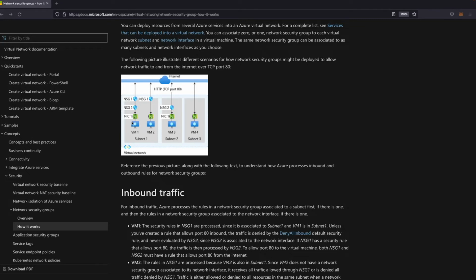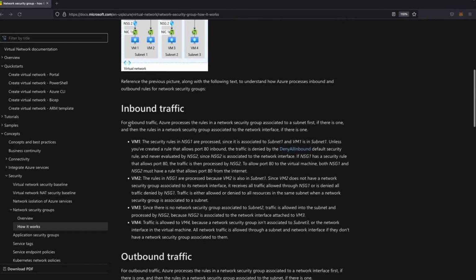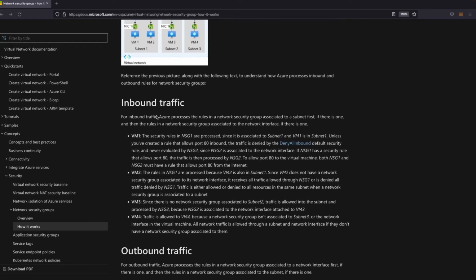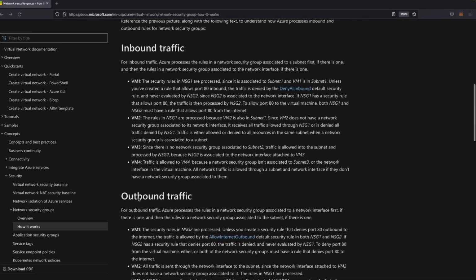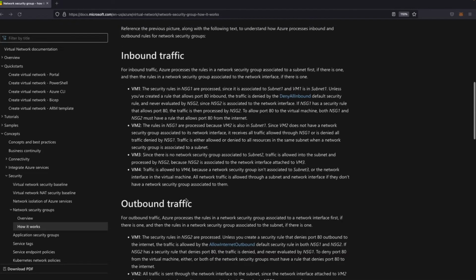The second one is associated with VM1. Then we have subnet 2 with a VM, which has an NSG associated. And we also have subnet 3 with VM4, and there is no NSG. They present how traffic goes in the case of inbound traffic and in the case of outbound traffic.